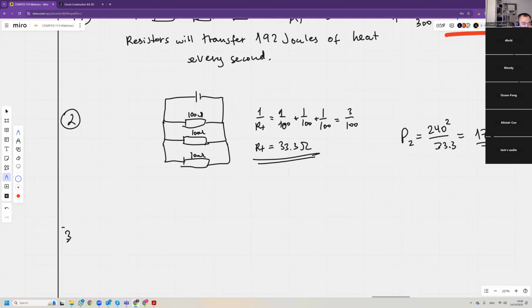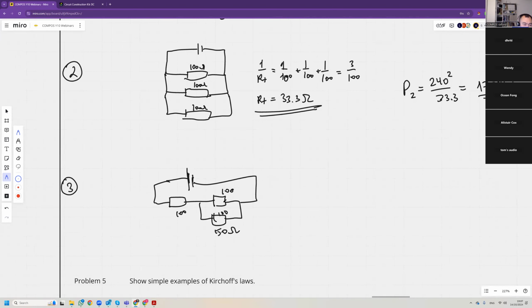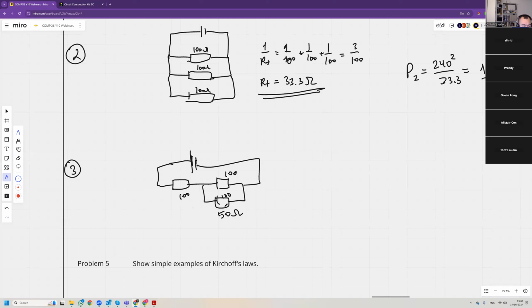Okay, 3. Well, you can connect them like this. 1 and 2. So that's going to be 100 and 100. So total is 50, and 100. So that's 50 because 2 resistors in parallel halve the resistance.